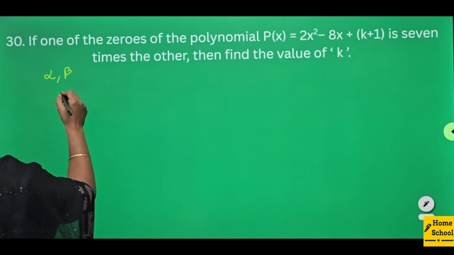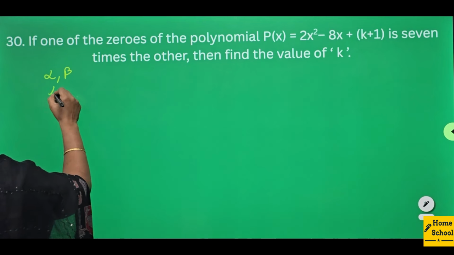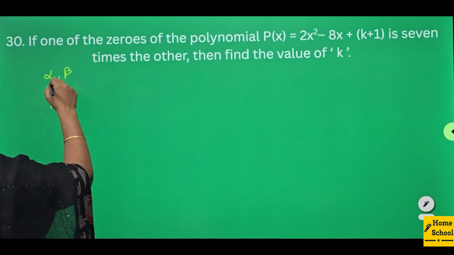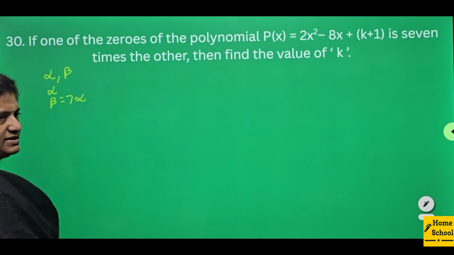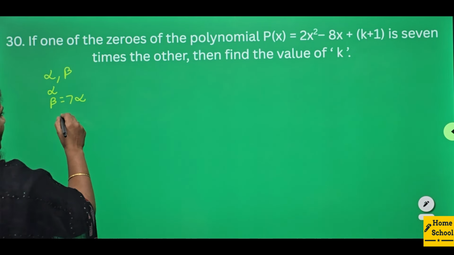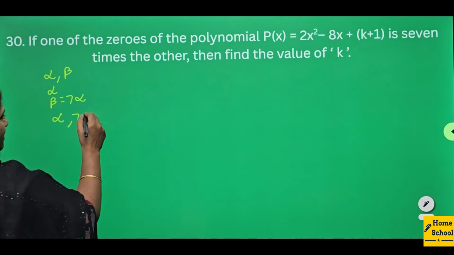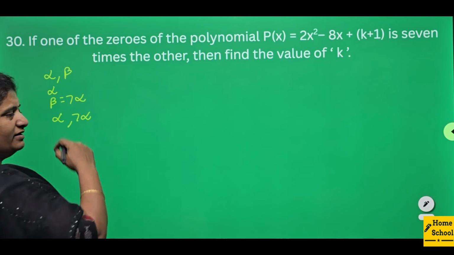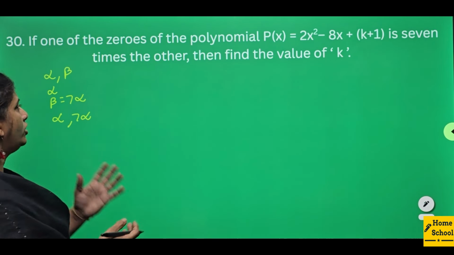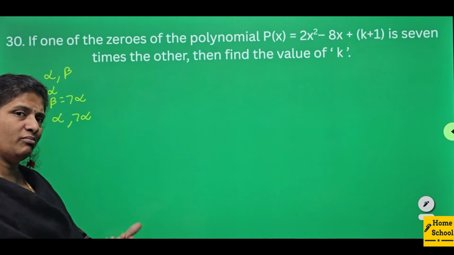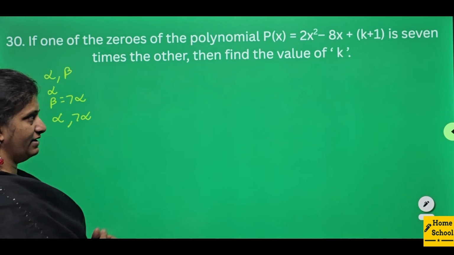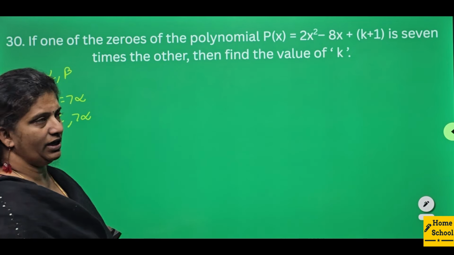Suppose I take alpha as it is, the other zero is 7 times the other, that means 7 alpha. Therefore, now what are the two zeros, children? Alpha and 7 alpha. Instead of beta, write 7 alpha. Or you can take 7 beta, comma beta also. Therefore, the two zeros are alpha and 7 alpha. Find the value of k.